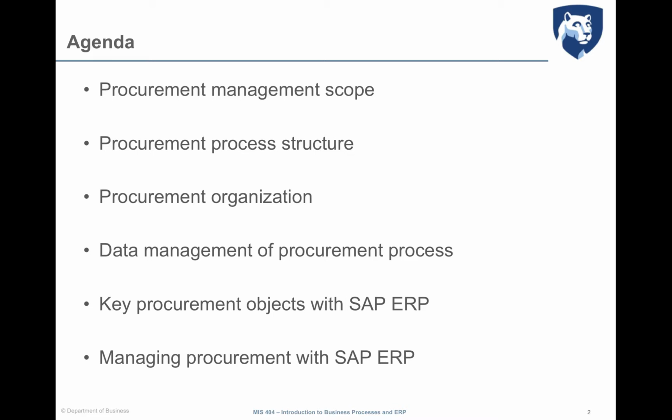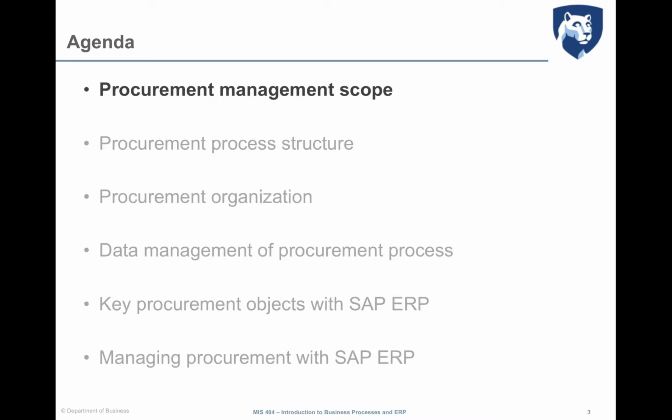Once we have some solid basics about procurement, we will deep dive into the relationship between procurement and information systems: data management related to the procurement process, the key procurement objects present in SAP ERP, and finally some examples of how to manage procurement activities with an ERP system.